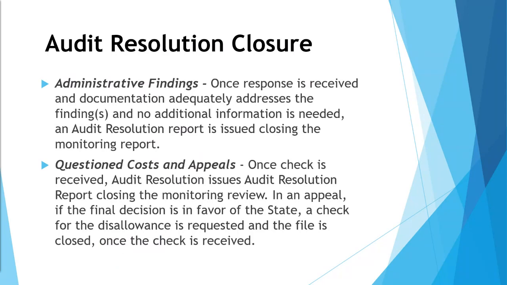For question costs, once the check is received and audit resolution, they then issue the audit resolution report, closing the monitoring review. If there is an appeal and the final decision is in favor of the state, a check for the disallowance is requested and the file is closed once the check is received. And that usually concludes the resolution process for any findings.